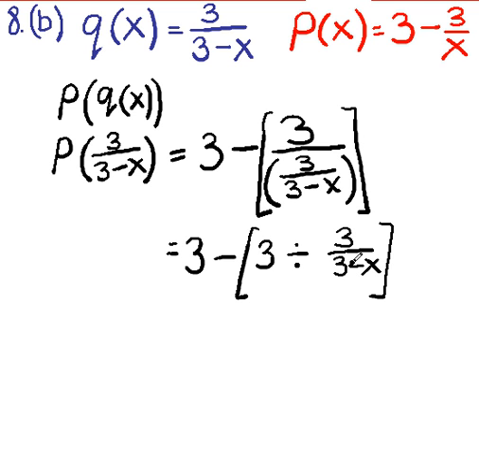The easiest way to do this division is to change it to a multiplication, which means flipping the second fraction upside down. So we have 3 minus, and then our square bracket again. So we have 3, and then we'll change this to multiply, and we'll flip this one upside down. So it's 3 minus x over 3.